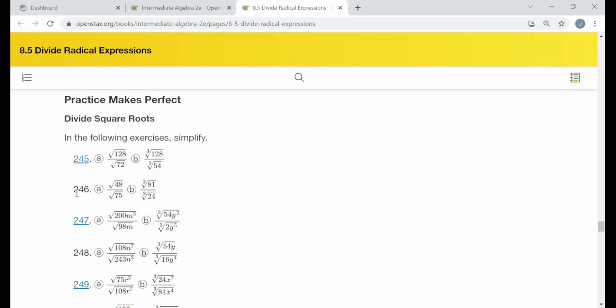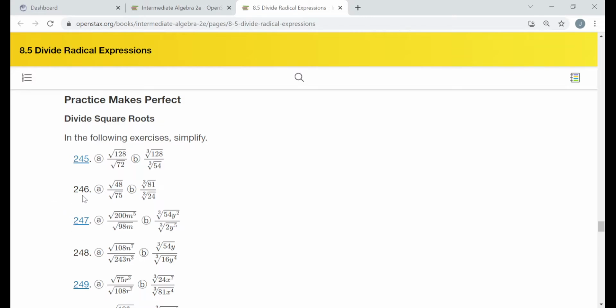I'll be working on the even numbered problems, because the odd numbered problems have a link where you can click on and go see the solutions yourself. So I'm just going to do the questions that don't have solutions in the book, and I will be putting timestamps in the description of this video, so you can click around and jump from example to example.